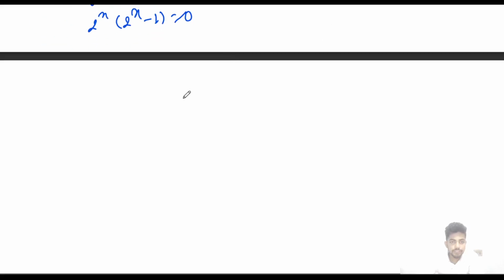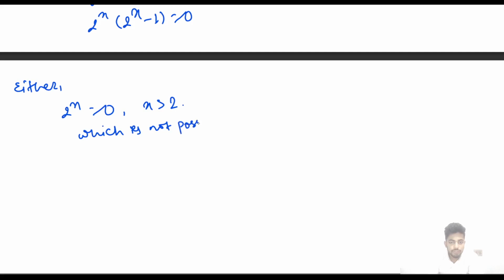This means either 2^x is equal to 0, which is not possible, since any power of 2 is never equal to 0. This is impossible for any value of x.